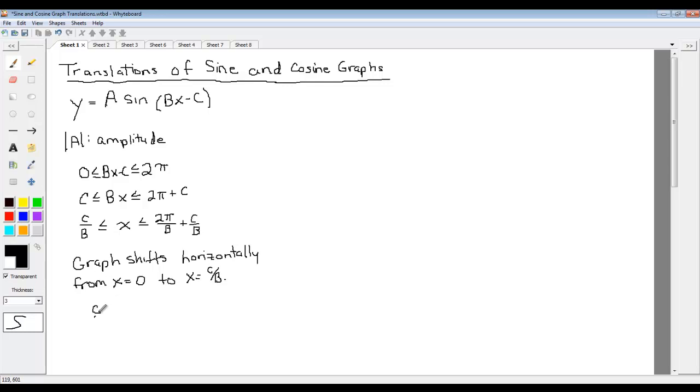If c over b is positive, you have a shift to the right. If c over b is negative, you have a shift to the left.